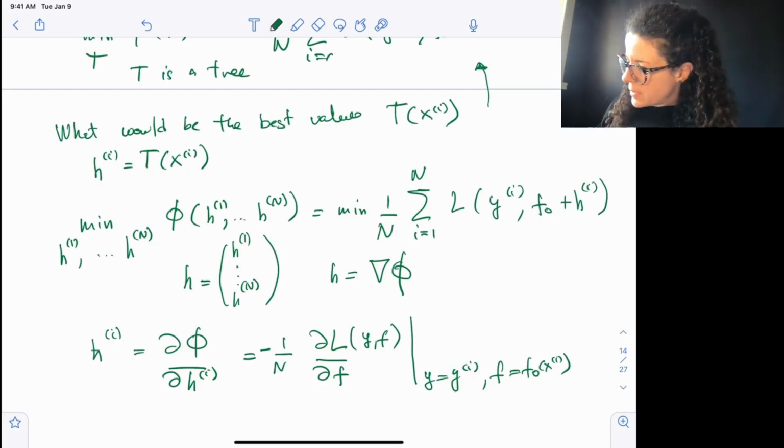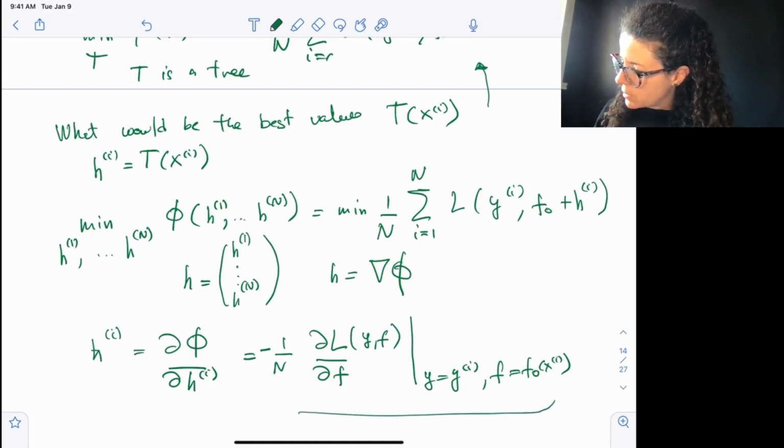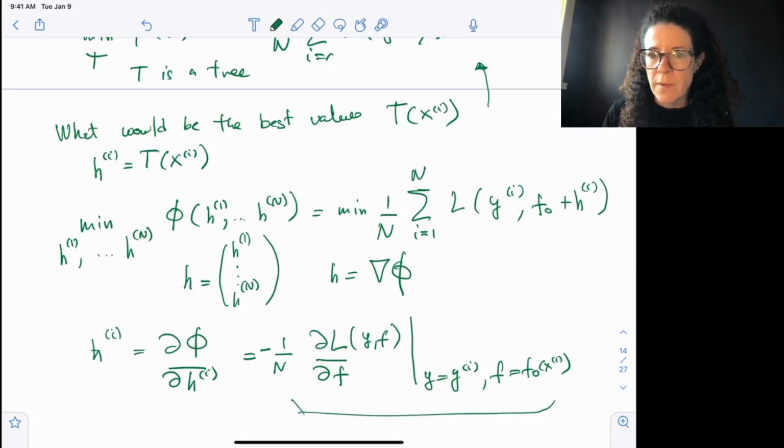So basically the best direction that we can go in, we can ignore the 1 over n, is this direction here, this hi here. So for every point xi, we have the best possible hi that would optimize this loss function here.